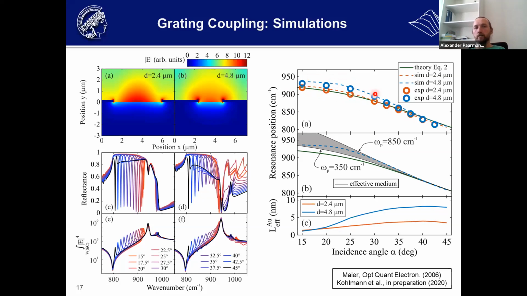The COMSOL simulations are the dashed lines. The blue circles are the experiment. This matches quite well. But the theoretical dispersion, if you just take this momentum transfer idea, sits down here. So for the narrow gold bars, this fits reasonably well, but there's a clear shift for the wider gold bars.